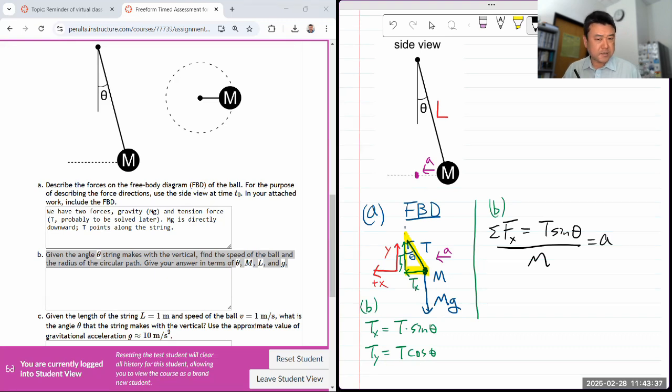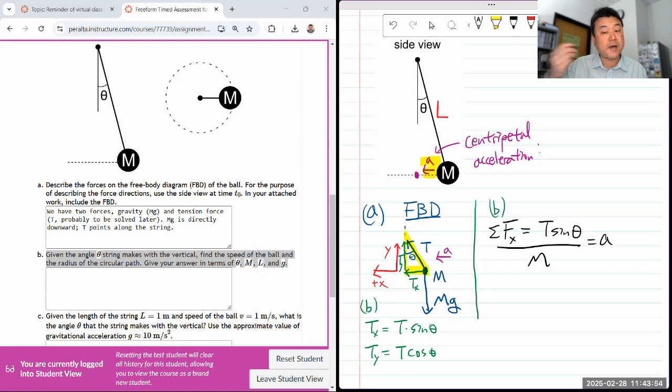And here, let me just add one more thing, because we've already argued that there should be an acceleration based on the fact that it's a centripetal acceleration, circular motion. So if it's a centripetal acceleration, we already have a formula for it in terms of other kinematical quantities. This centripetal acceleration is v squared over r, where r is this distance here.